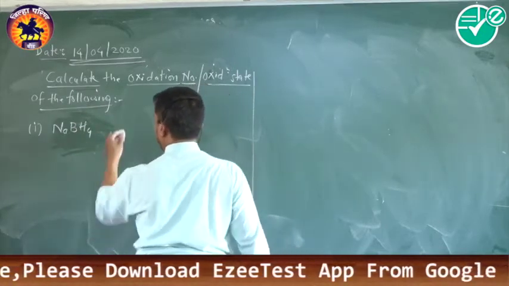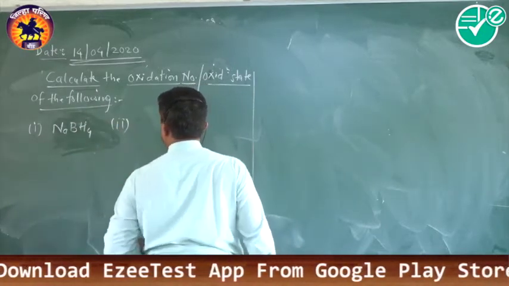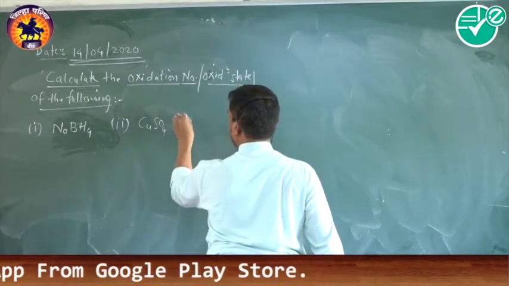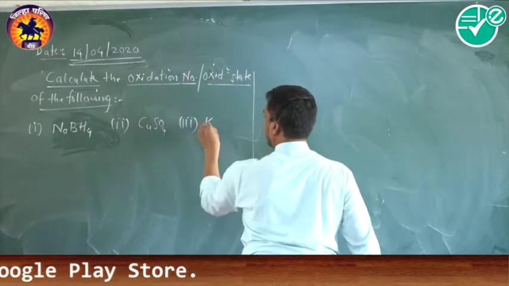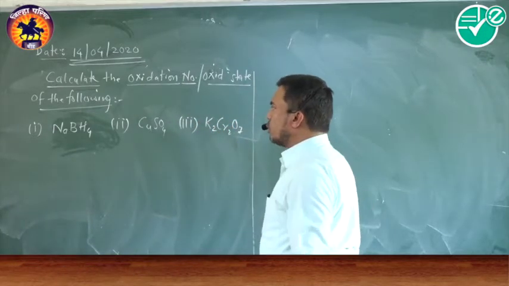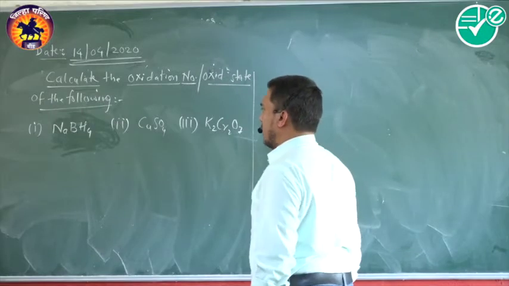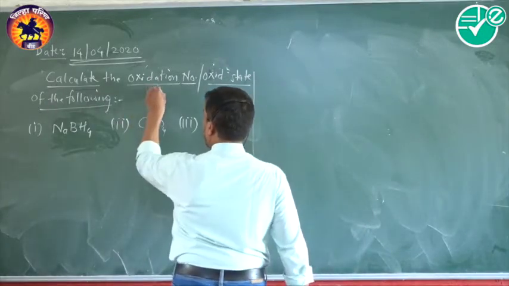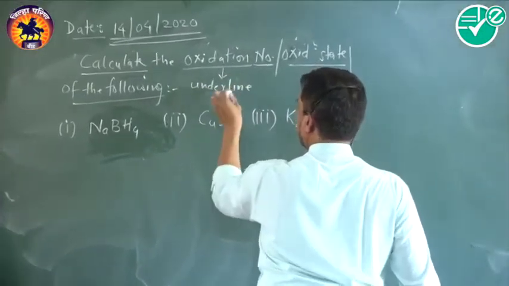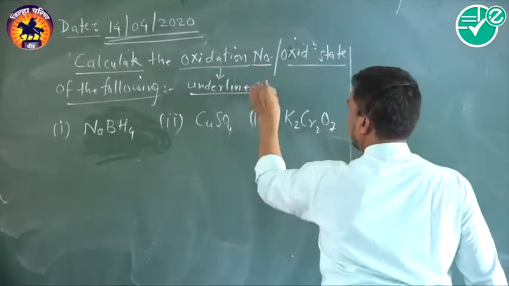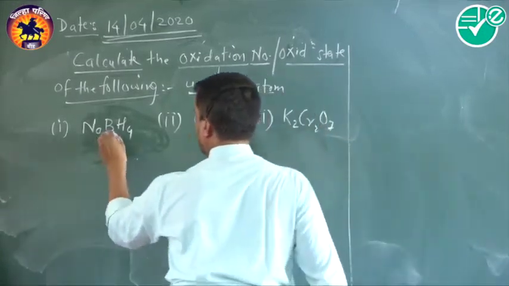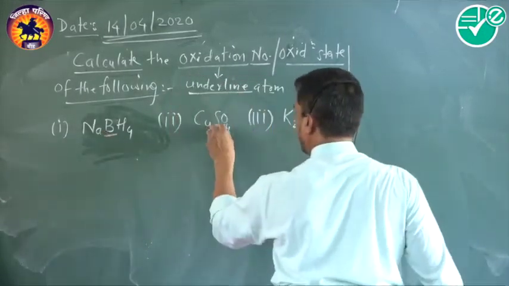I will list them out and then we'll solve one by one. Here we have to calculate the oxidation number of the following. For which atom? You have to underline the atom. So I will underline the atom whose oxidation number is to be calculated.